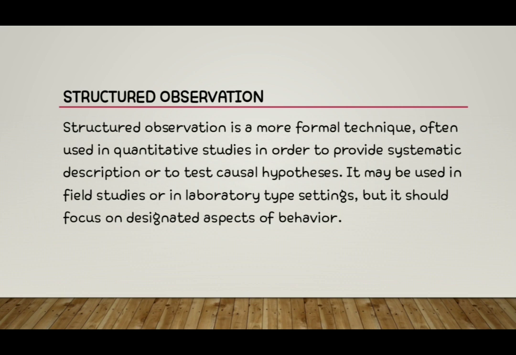Structured observation is a more formal technique, often used in quantitative studies in order to provide systematic description or to test causal hypotheses. It may be used in field studies or in laboratory type settings, but it should focus on designated aspects of behavior.